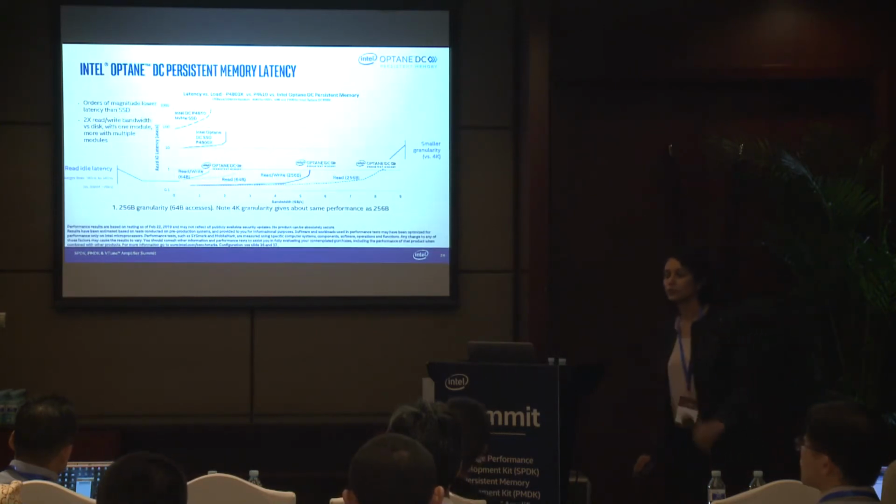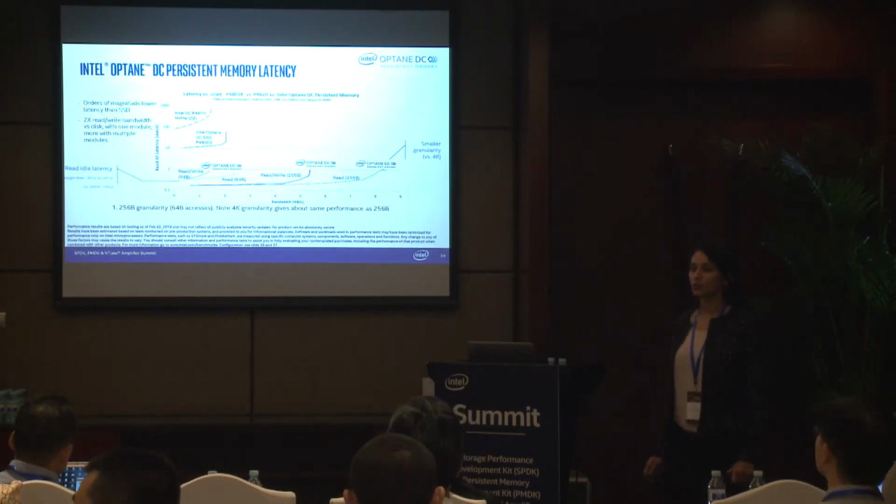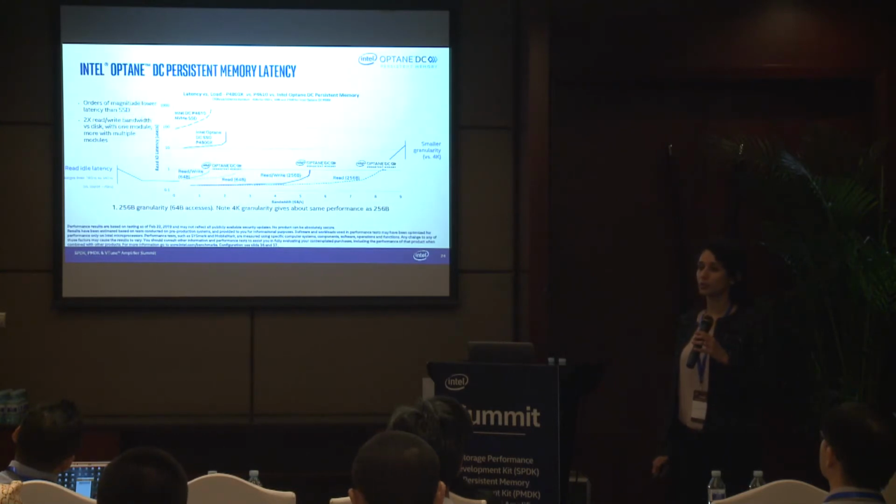Yes? So how does this access pattern connect to the actual application memory usage? Because the application is accessing memory at word size. So what does a sequential access mean in the application code?